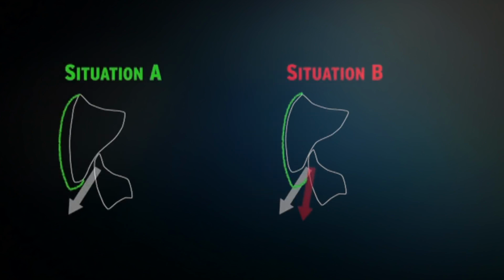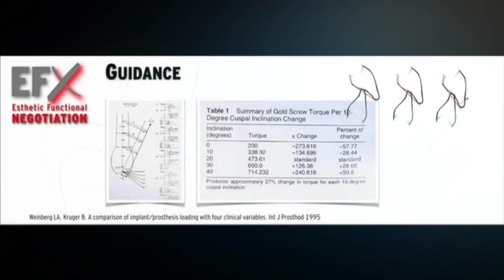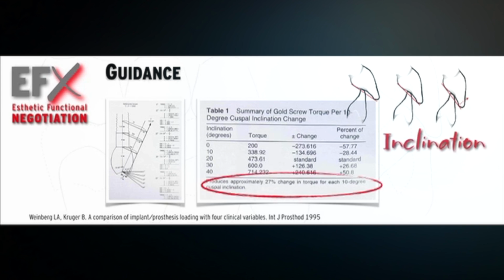So, situation A, situation B, you have to remember this article. I like to quote this article by Weinberg because, of course, this article was made with implants, but we can derive some of its conclusions, showing that depending on how much we steepen the guidance, you have an increase in the torque of the tooth.